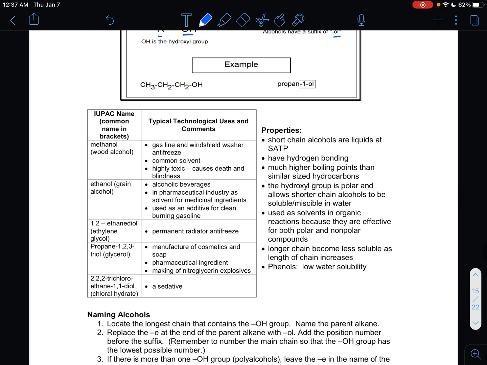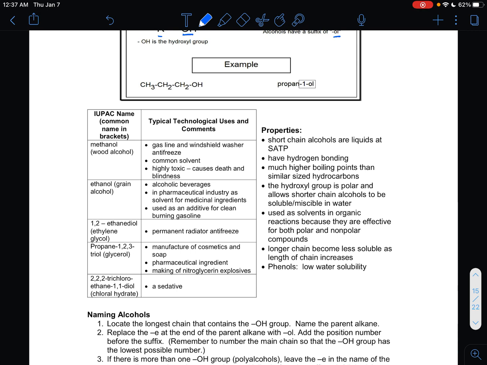So let's take a look at some examples and properties. You know a lot of these already from examples. Methanol, wood alcohol, by the way, is not good for drinking at all. This is used as antifreeze. It's a solvent, and in fact, some of the hand sanitizer was recalled because it was using this type of alcohol. Ethanol is the alcohol that you can actually drink, although it can be produced, like I said, in a chemical process.